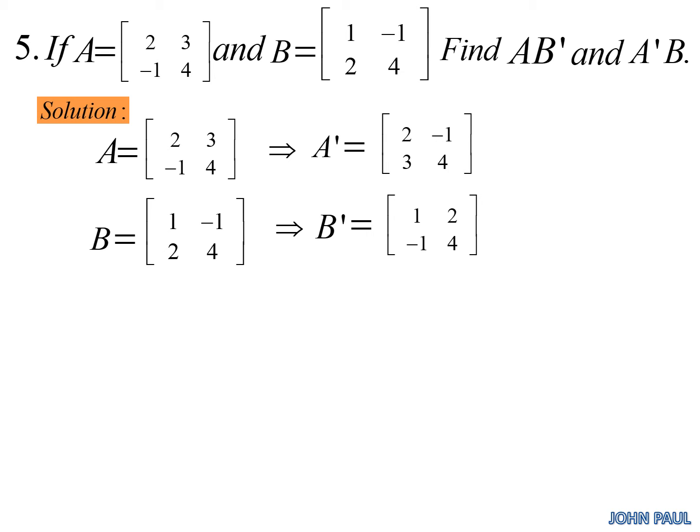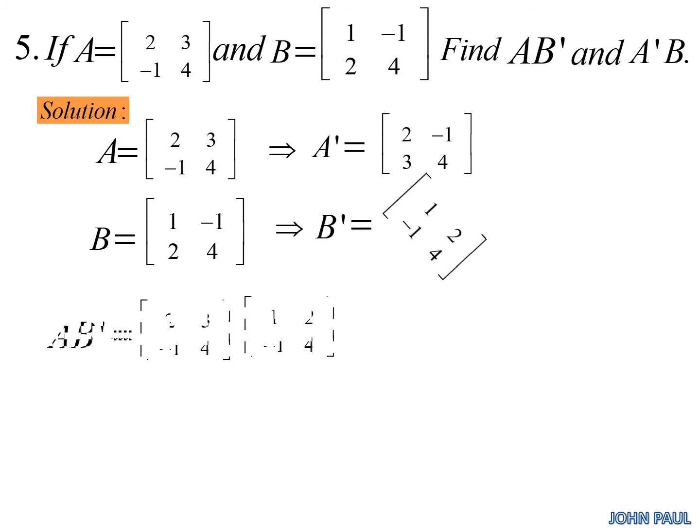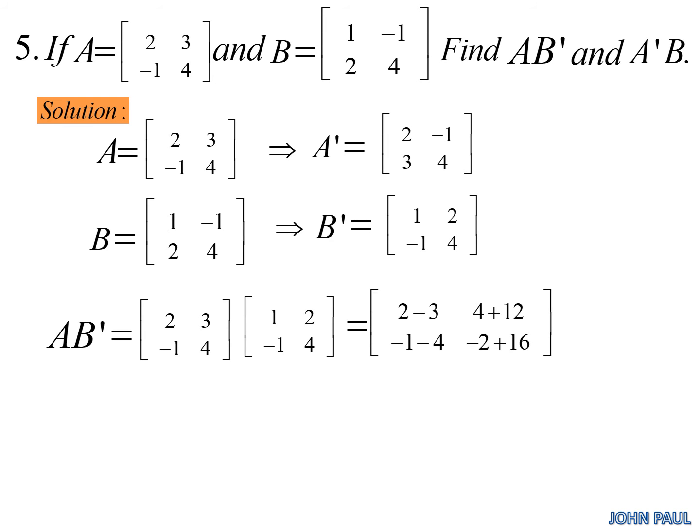1, minus 1 is the row. For B transpose, it is the column 1, minus 1. Now AB transpose equals, substitute matrix A and B transpose. By multiplication, we are familiar.